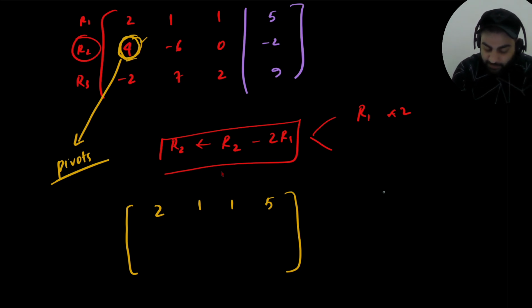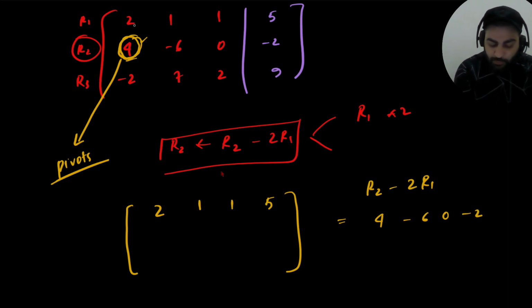So R2 minus twice R1: R2 is 4, minus 6, 0, and minus 2. This equation multiplied by 2 will become 4, 2, 2, 10.